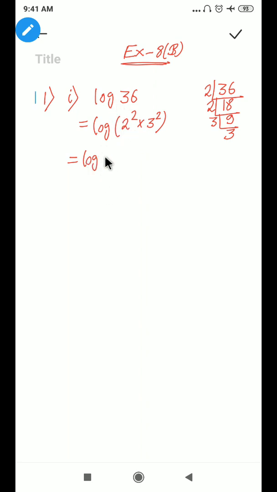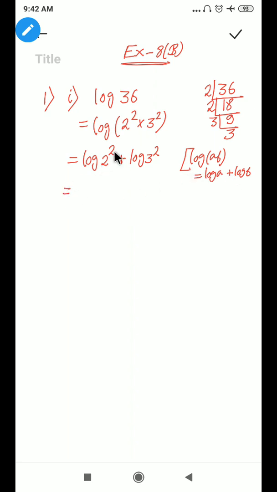So it can be logarithm 2 square plus logarithm 3 square. We are using this formula, logarithm AB is equal to log A plus log B. The base is the same. Suppose the base is e, otherwise 10, the base should be the same here.